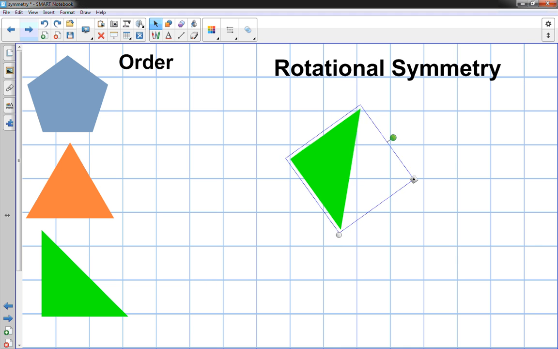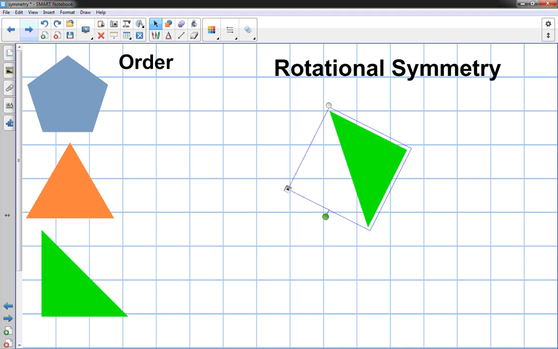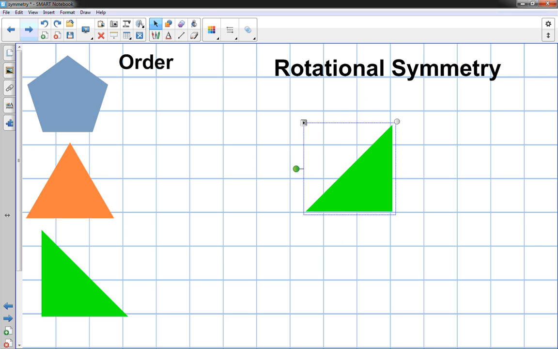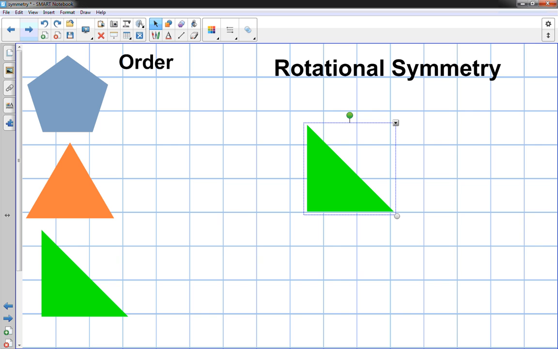So as I rotate it, I'm looking to see if it will be right on top of itself before I get back to where I started. There's no moment during that rotation where that triangle is on top of its original position. So it has an order of 1, and having an order of 1 means it has no rotational symmetry.